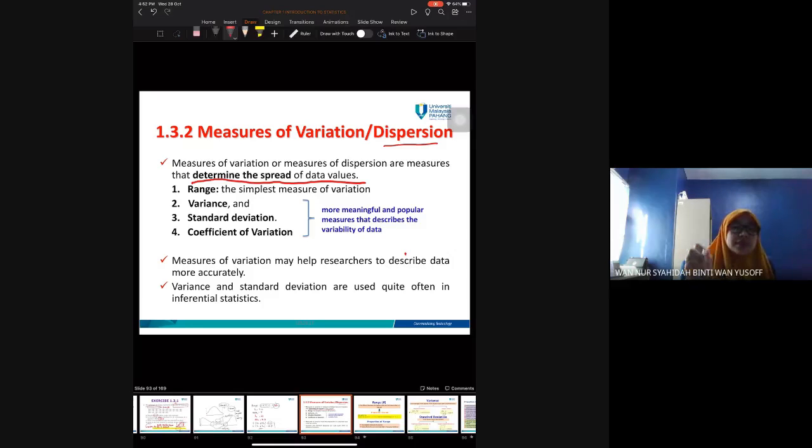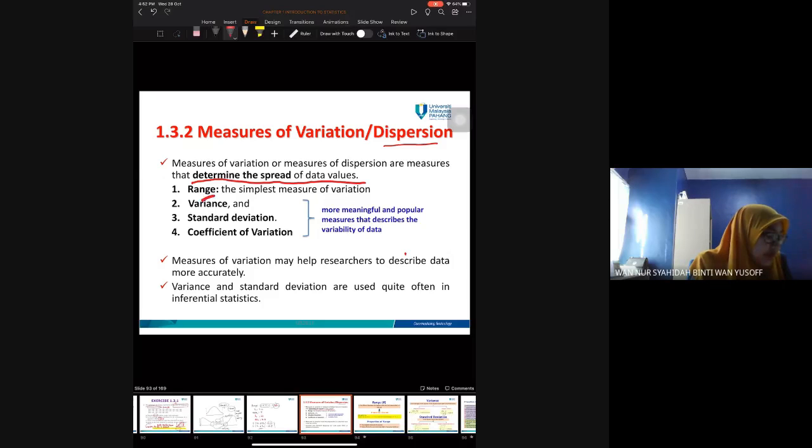Those things are represented by variability. So we discuss variability to know how spread out and how consistent our data is.